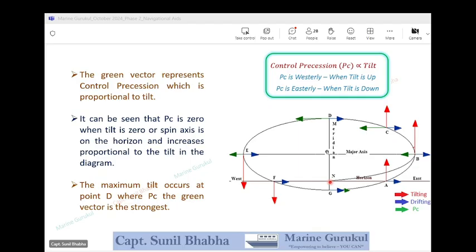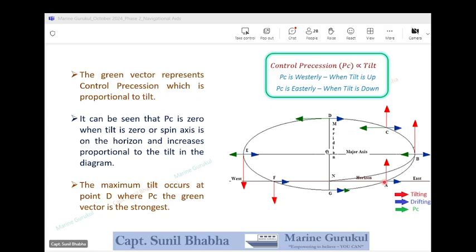So let's check this control precession vector starting from point A in the diagram. Point A is exactly on the horizon. That means the tilt is 0. If the tilt is 0, control precession will also be 0.